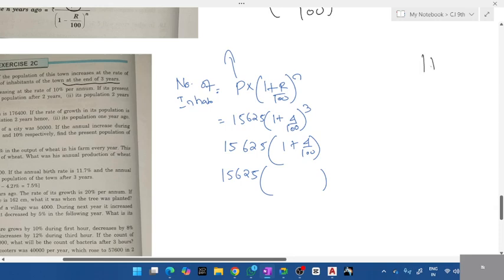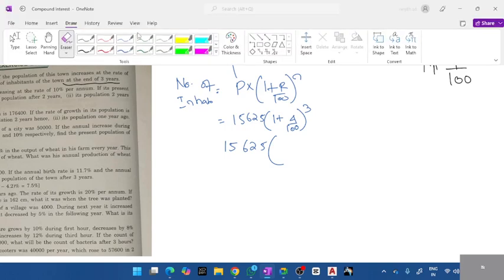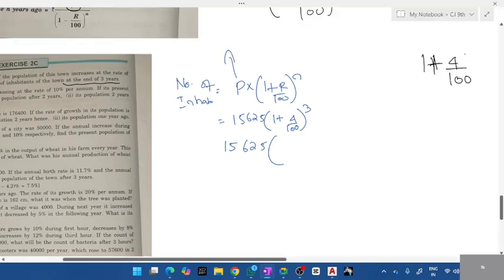So, Dia, explain 1 plus 4 by 100. What do you do? Yes, yeah, we take LCM. Dia should explain. How do you solve this, Dia? Before that, check whether we can reduce 4 and 100 by 2's. Yes.